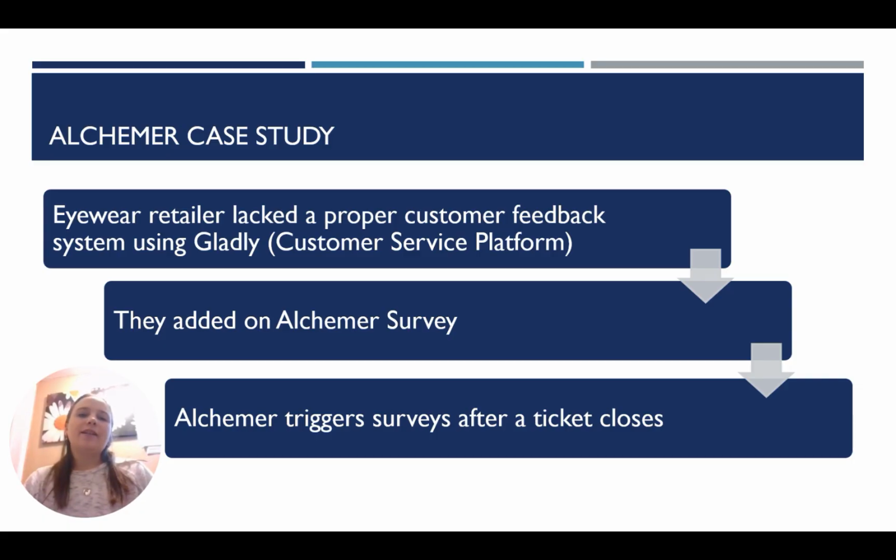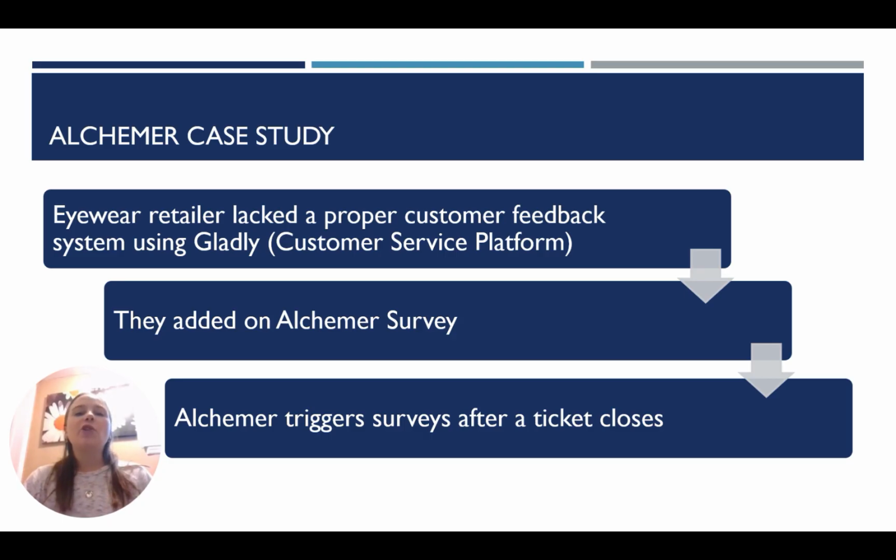The Alchemer case study revealed the company's customer service challenges. It was solely using Gladly. Gladly helps brands strengthen customer relationships, but at the time it wasn't enough. The business struggled to meet the needs of customers using an outdated system of manually sending surveys that took days. Consequently, this resulted in unresponsive customers.